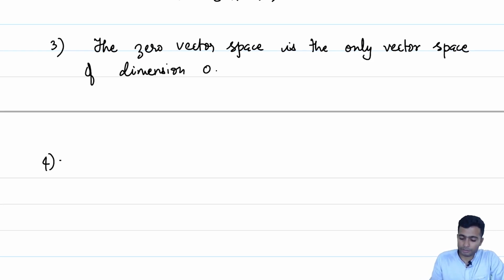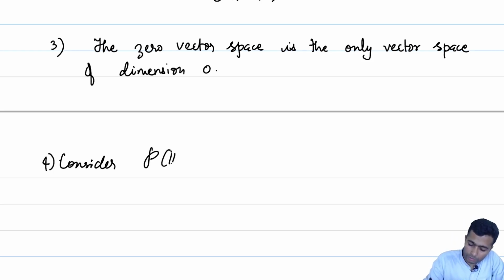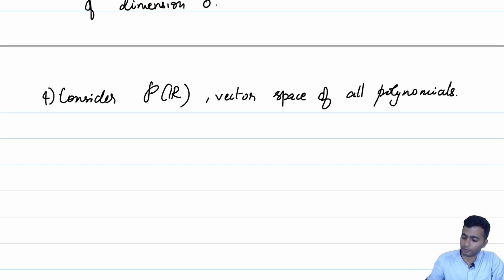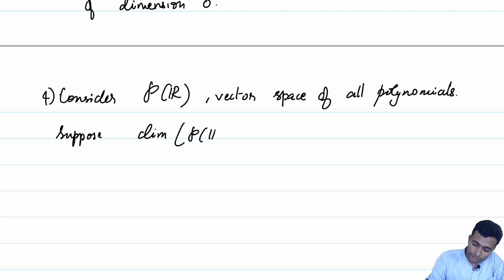Let me now give an example of a space which is not finite dimensional. So, consider P of R. If you recall, this is the vector space of all polynomials. Now, suppose this is a vector space of finite dimension, say dimension of P of R is equal to D. That means there is a basis of size D, right?